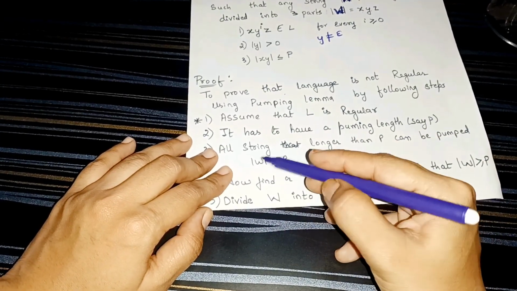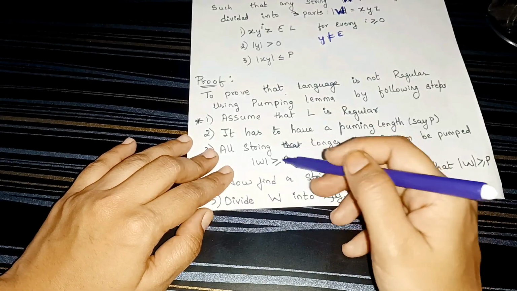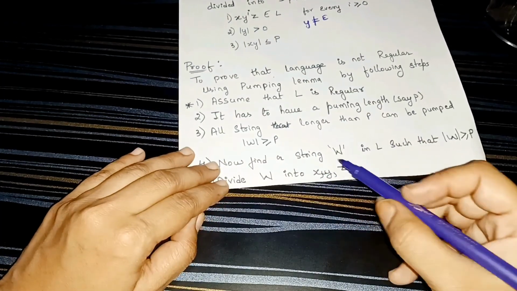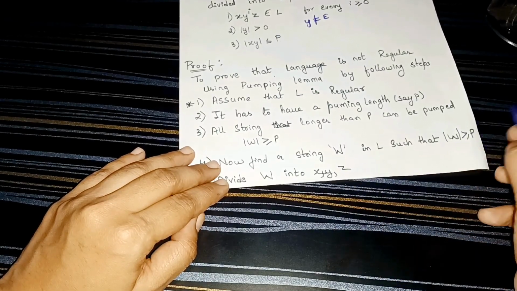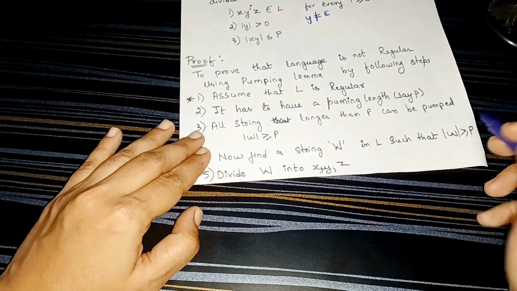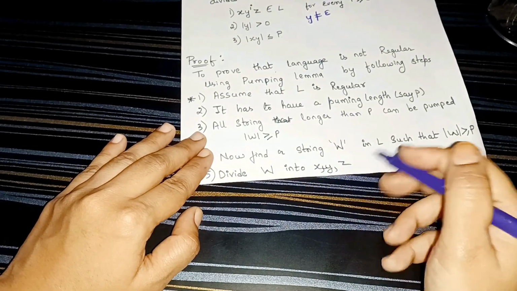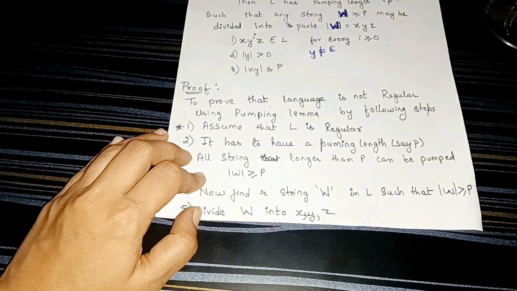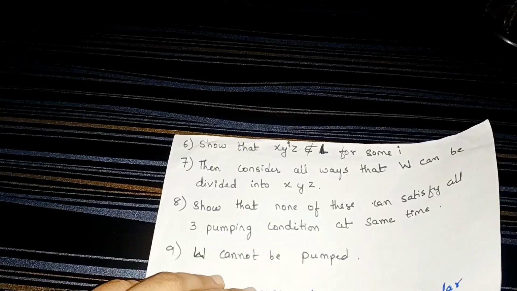That is, the string length can be greater than or equal to the pumping length. Now find a string W in L such that the length of W is greater than or equal to P, and W can be divided into X, Y, Z. So we have to choose a string which can be divided into X, Y, Z.